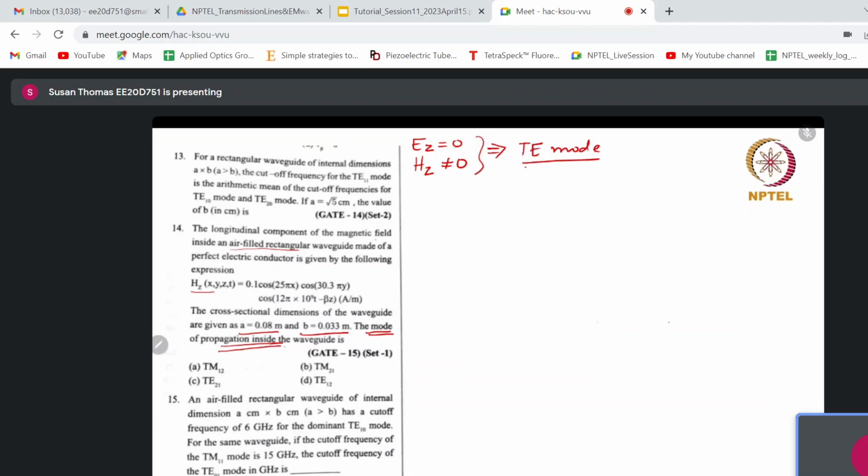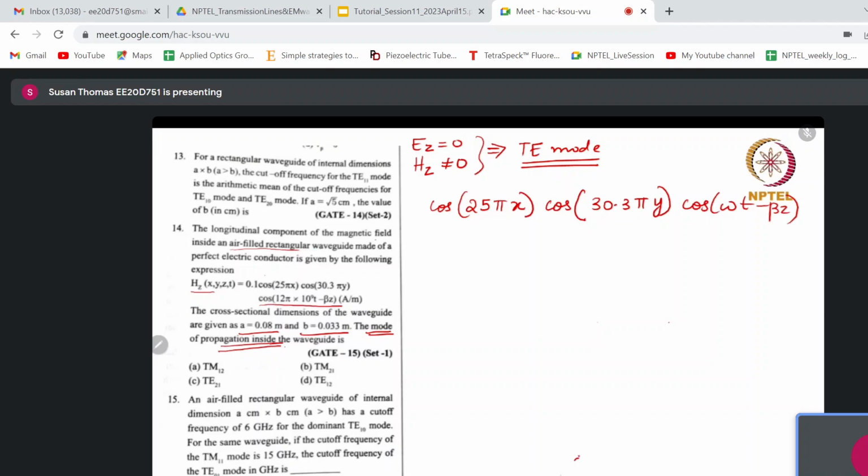Now if you look at the HZ expression, it's of the form cos of 25 pi x cos of 30.3 pi y, then multiplied by cos of omega t minus beta z. Okay, so this is the last part.